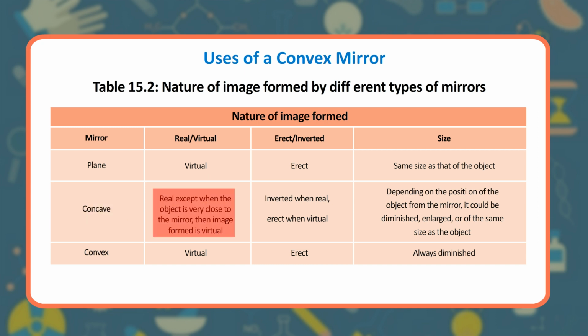Concave: real except when the object is very close to the mirror, then image formed is virtual. Inverted when real, erect when virtual. Depending on the position of the object from the mirror, it could be diminished, enlarged, or of the same size as the object. Convex: virtual, erect, always diminished.